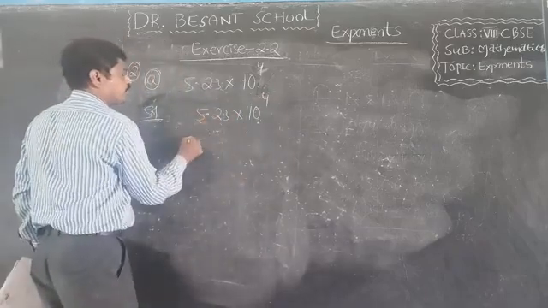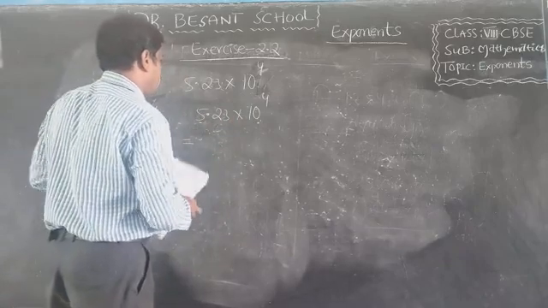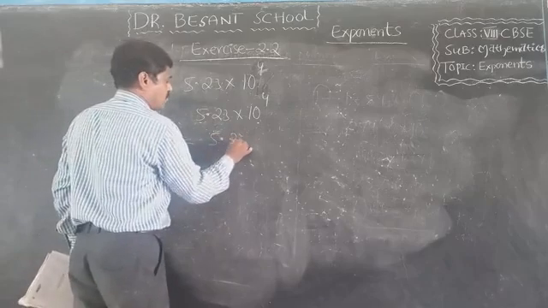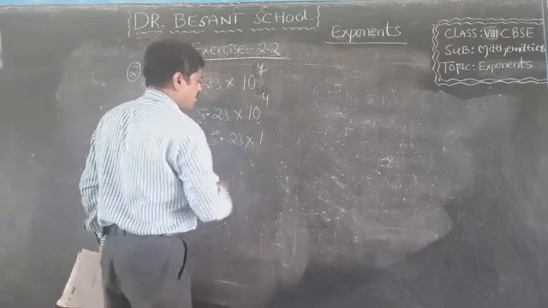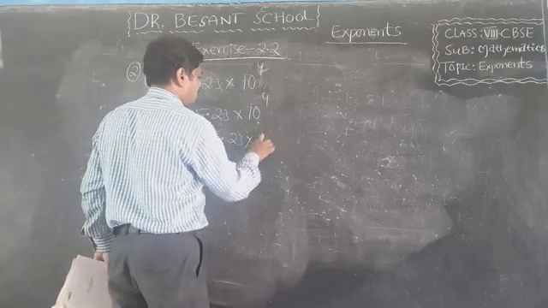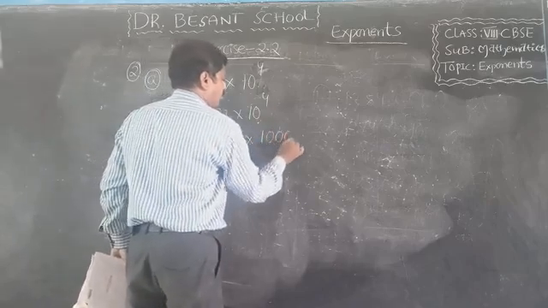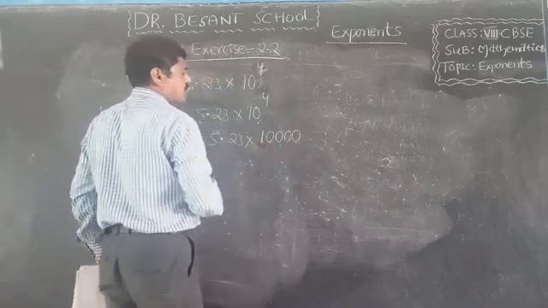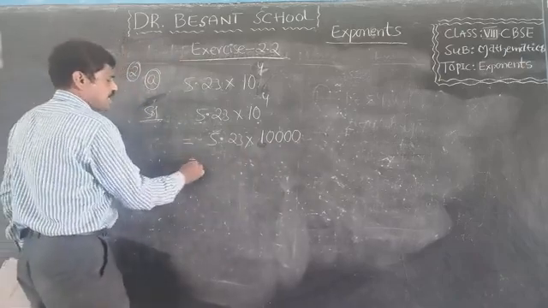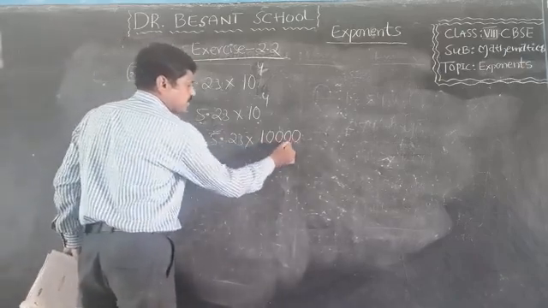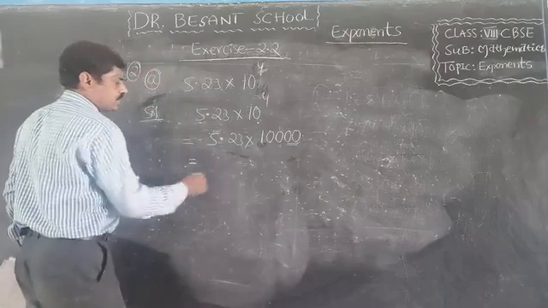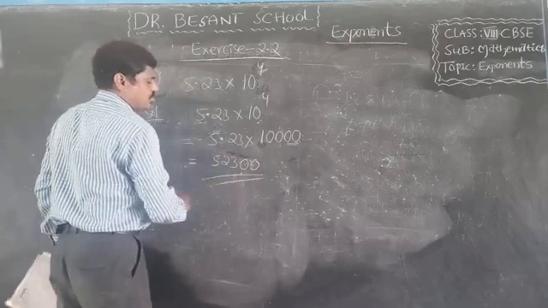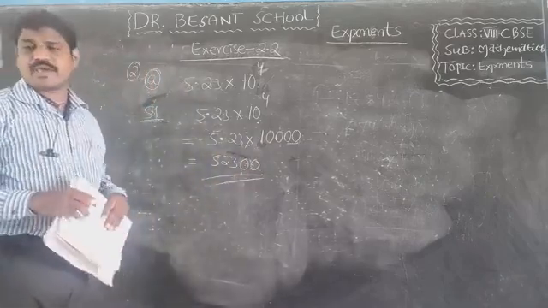So that is equal to 5.23, and 10 power 4 means 1 followed by 4 zeros, so that is equal to 10,000. That means after decimal 2 digits, that's why 2 zeros removed, then 523 and 2 zeros. So 52,300.